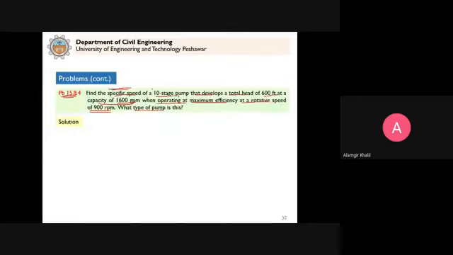We have a 10-stage pump. So now we have to convert this into a single stage pump. Clear? So the total head developed is 600 feet for the 10-stage pump. So 600 divided by 10 stages, it means that this is 60 feet head developed per stage.